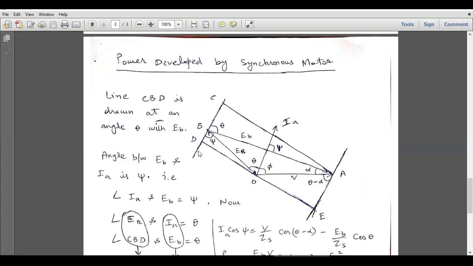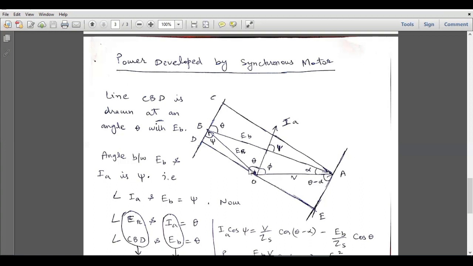Now we have to draw a vector which passes through point B, and this vector is lying at an angle theta with EB, the back EMF. While drawing this vector BCD, or CBD, we have to take care that the angle between this vector and the back EMF vector is equal to theta, and theta is the internal angle, the angle between ER and IA.